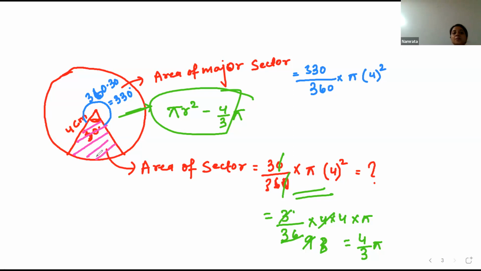Cut out means to subtract it. From the total circle area, if you subtract this pink area, then you will be left with the area of the major sector. Got it? Yes, ma'am. So the ways are clear. Okay, let's move to the next question.